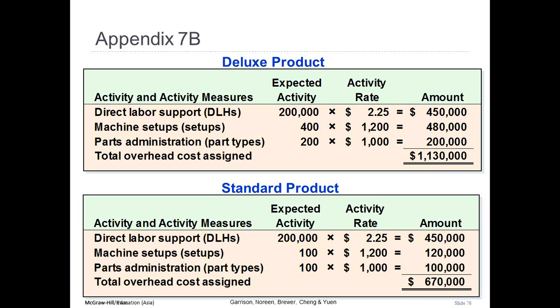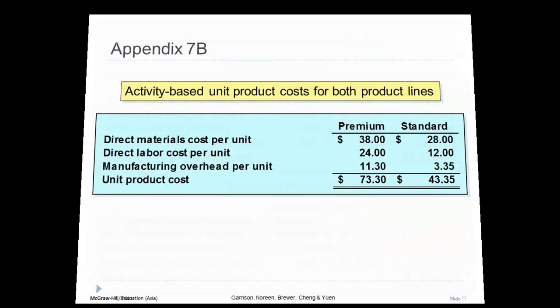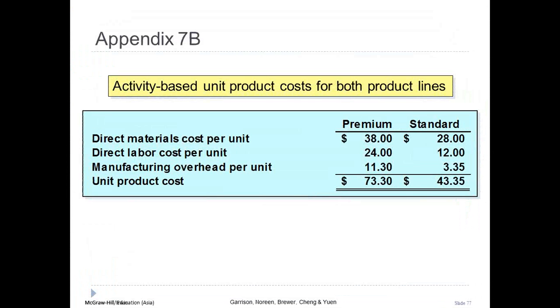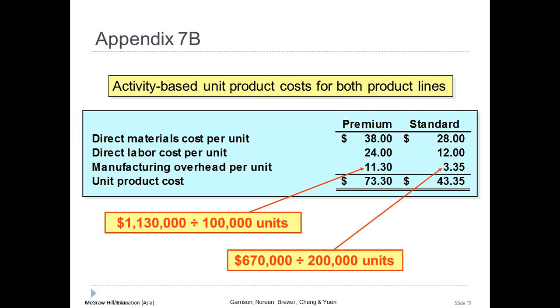Notice that all manufacturing overhead has been assigned to products: 1.13 million plus 670,000 equals 1.8 million. The activity-based unit product costs for both product lines would be computed as shown here. The manufacturing overhead per unit for both products is computed by taking the total overhead assigned to that product and dividing it by the number of units produced.